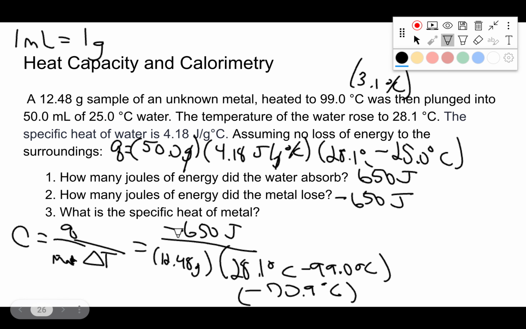Let's say you didn't have the negative up here, and then you had a negative here. At the end, you would have to figure out that this had to have been a negative value, because this has to cancel out, because your specific heat is always a positive value. And so mathematically, I'm going to do 650 divided by 12.48 divided by 70.9.